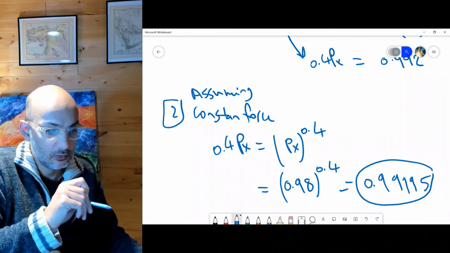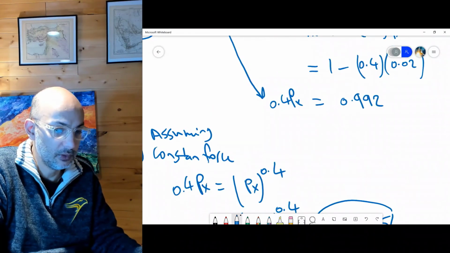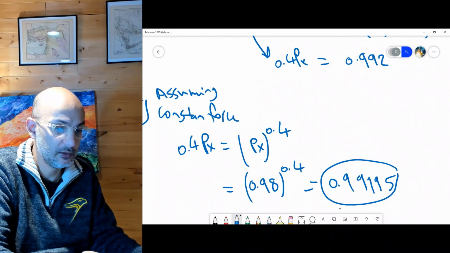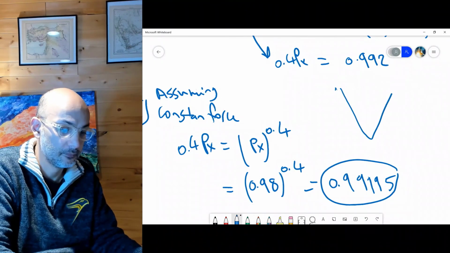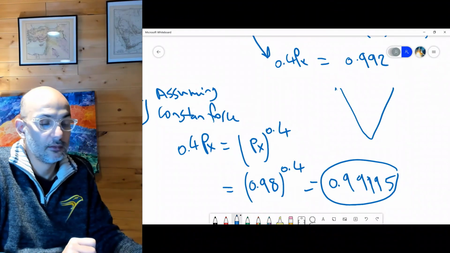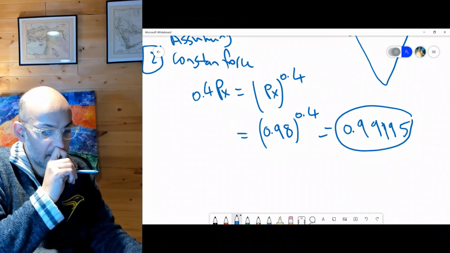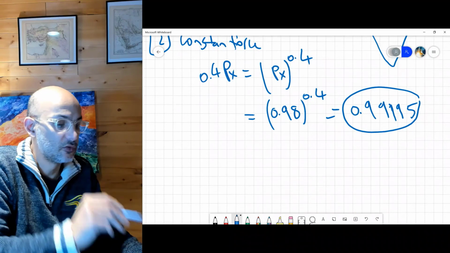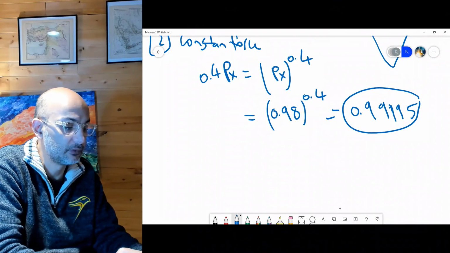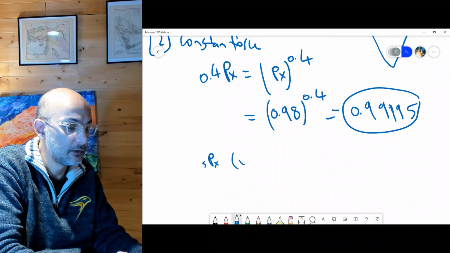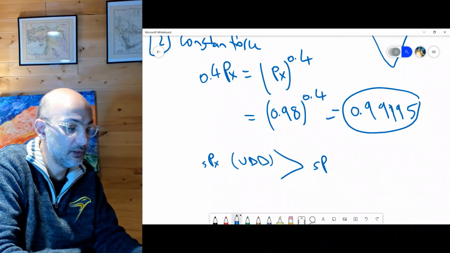Now I wanted you to compare between both of them. This one is bigger, right? This is very important also for us, since that one is bigger, to know that s px under UDD is bigger than s px assuming constant force.